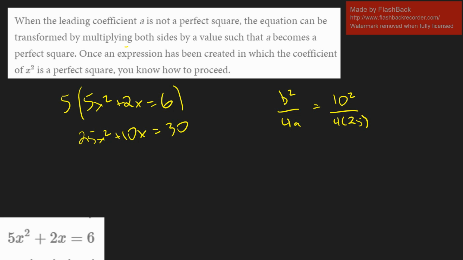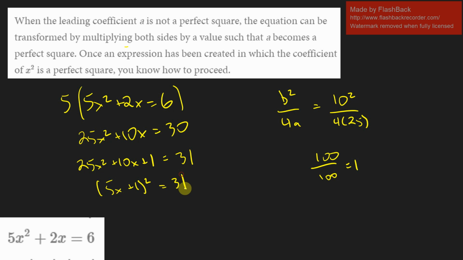Notice it actually is the exact same thing, right? So that's going to be 100 divided by 100, which equals 1. So that's the number I'm going to add to both sides. So I'm going to have 25x squared plus 10x plus 1 equals 30 plus 1. So that's 31. The left side factors perfectly. So that's 5x plus 1 squared equals 31.